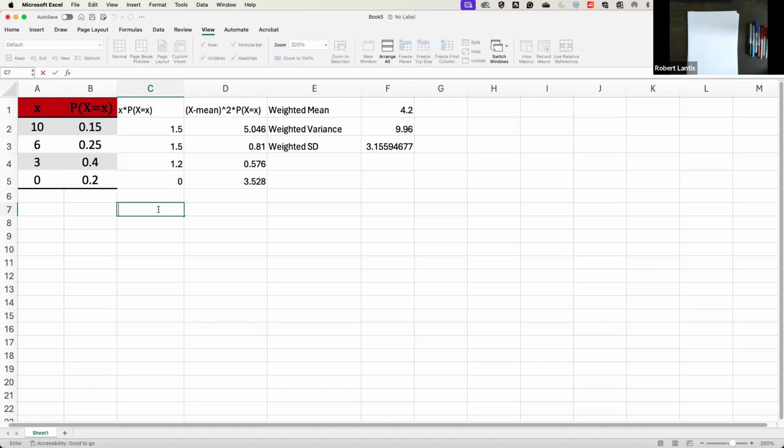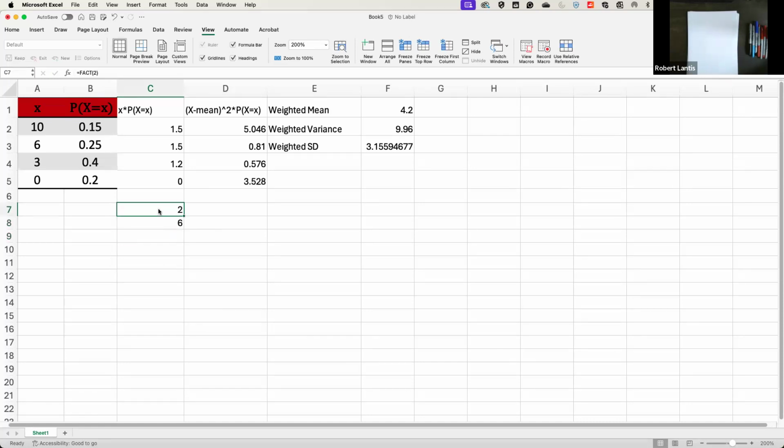Let's say I wanted 2 factorial. Well, 2 times 1 is 2. But what if I wanted 3 factorial? It should be 3 times 2 times 1. I should get 6.